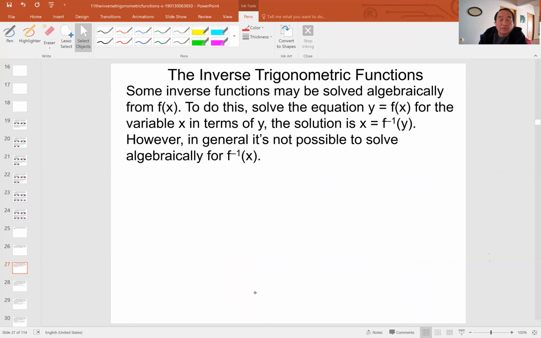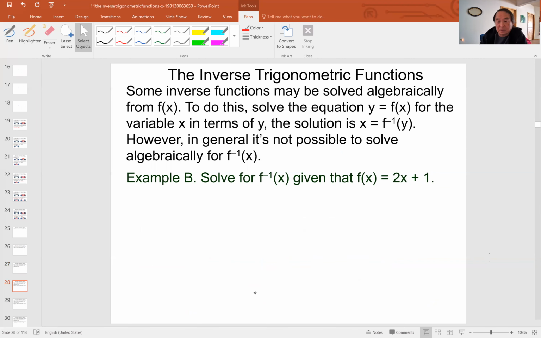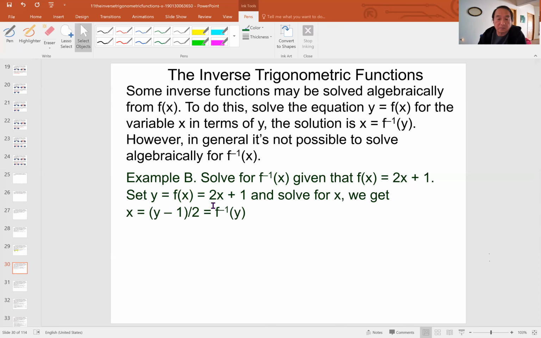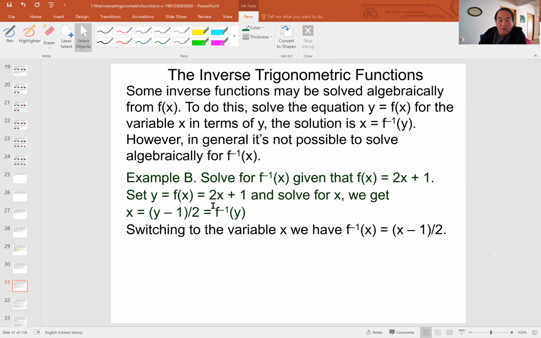And we can solve for the inverse, simple ones like these. How? Basically we're just saying solve for x. In this equation, suppose I tell you I know the outcome y, and what was the original input x? Solve for x in terms of y, and that's your inverse function. And you can check.